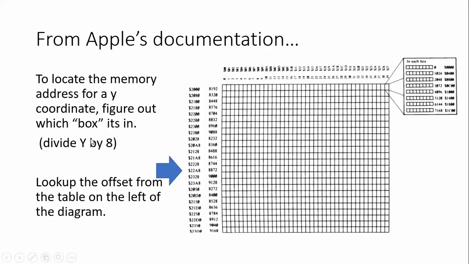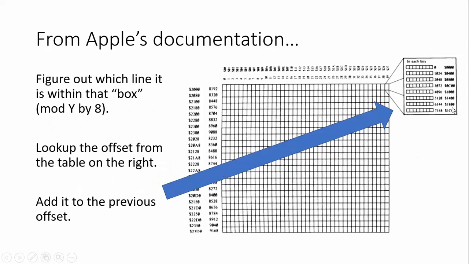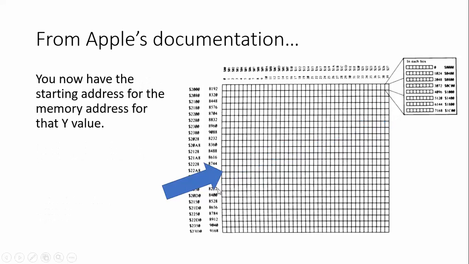So, compute the box number, look up the memory address for that box number. Then we look up the line number to get an offset. We add this offset to our box number's address, and then that tells us where in memory the line of pixels for that y value starts.